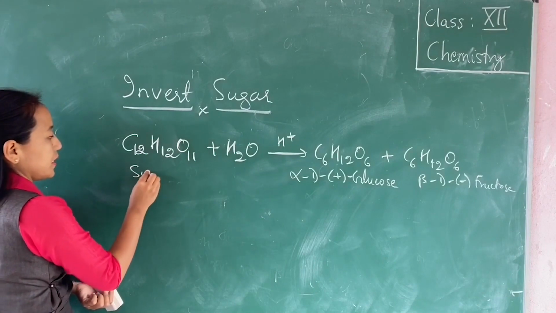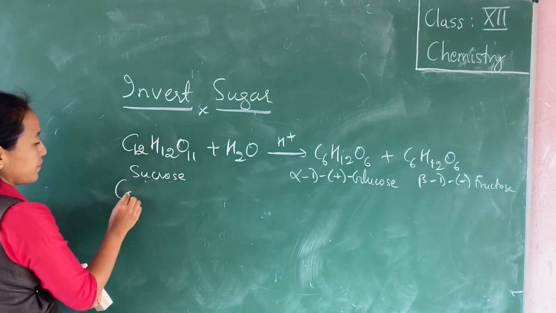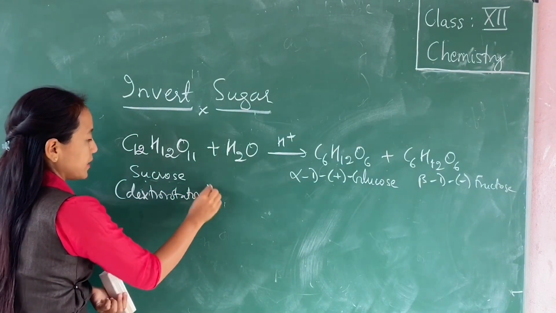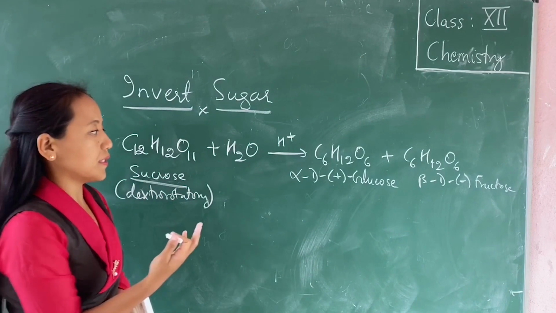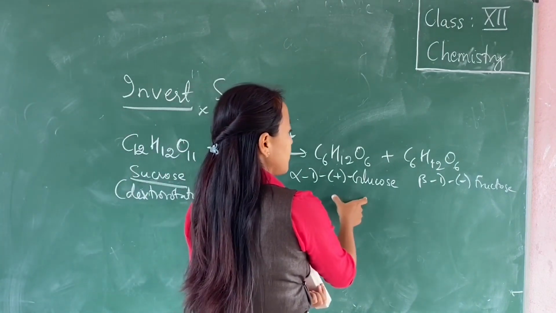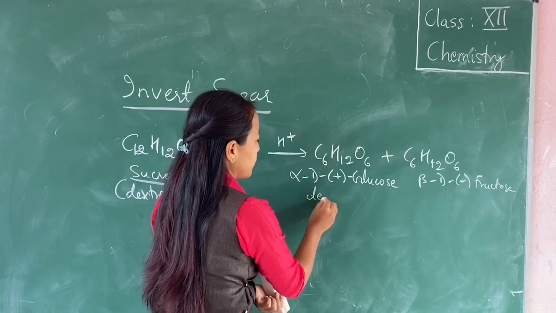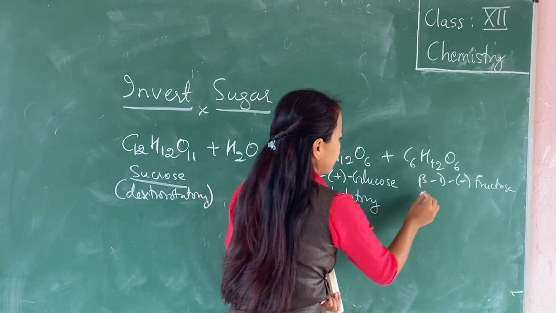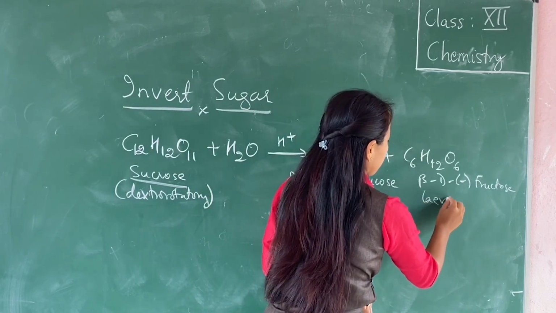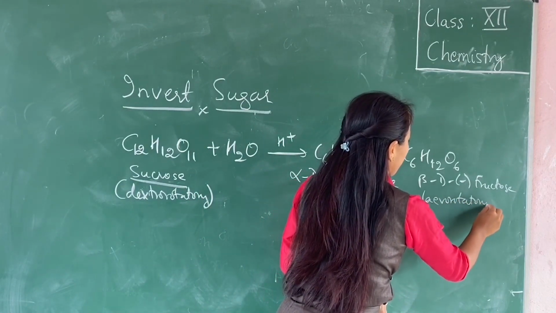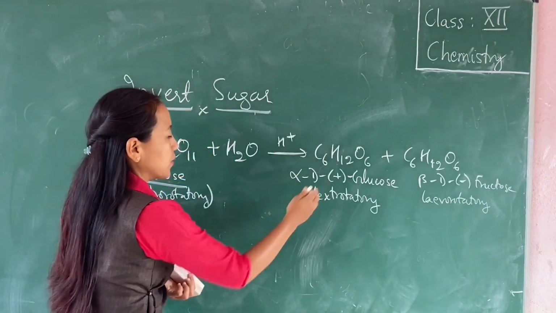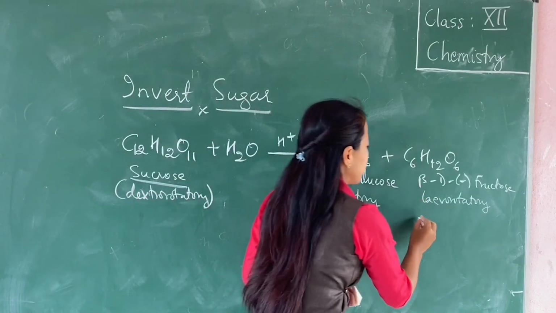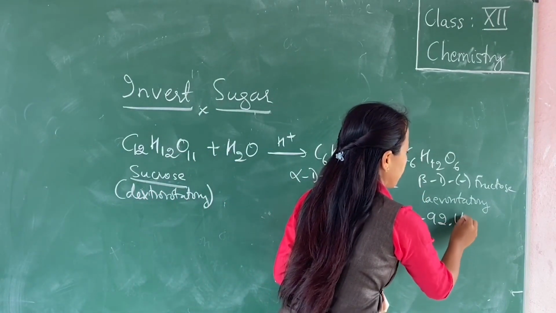Now sucrose itself is dextrorotatory. And on hydrolysis, you get a mixture of glucose and fructose, and glucose is dextrorotatory in nature, whereas fructose is levorotatory. So when you measure the rotation, glucose has plus 52.5 degrees, whereas fructose has minus 92.4 degrees.